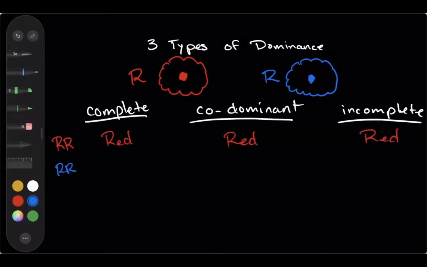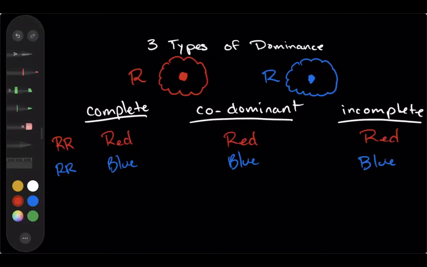Well, you would have the same scenario in each of these types of dominance. You would have a blue flower, and a blue flower. Now, where it gets interesting is when you have the heterozygous genotype.